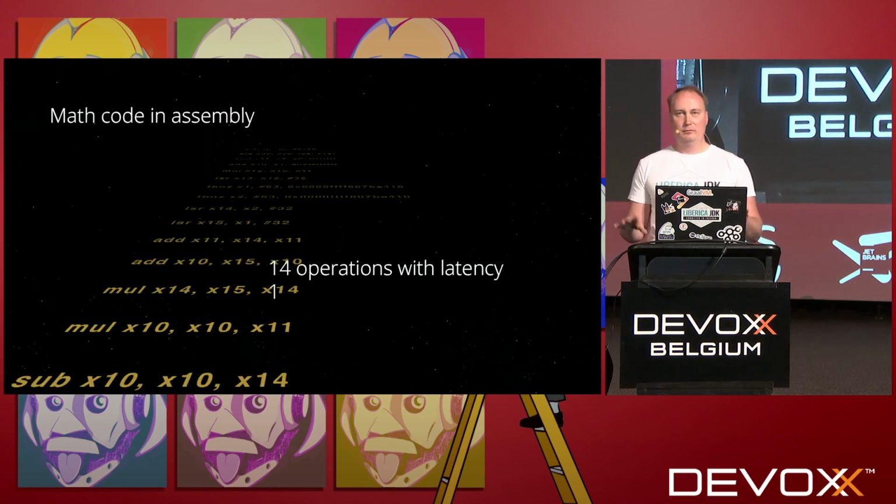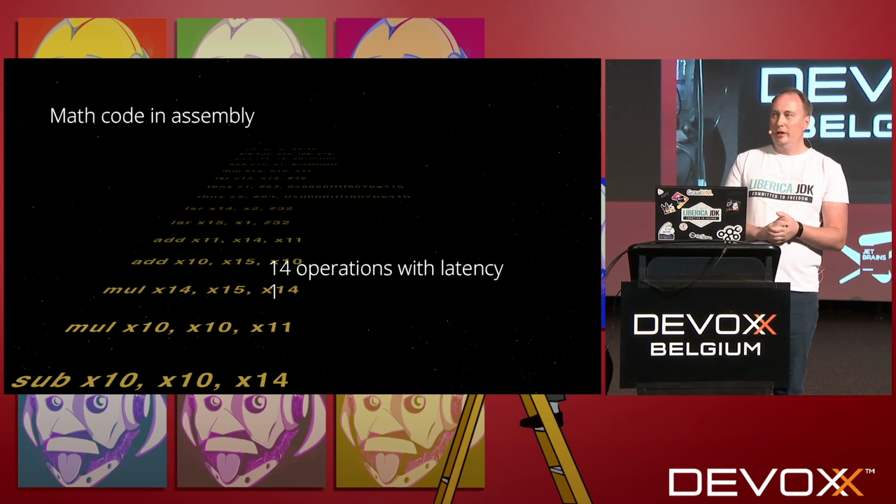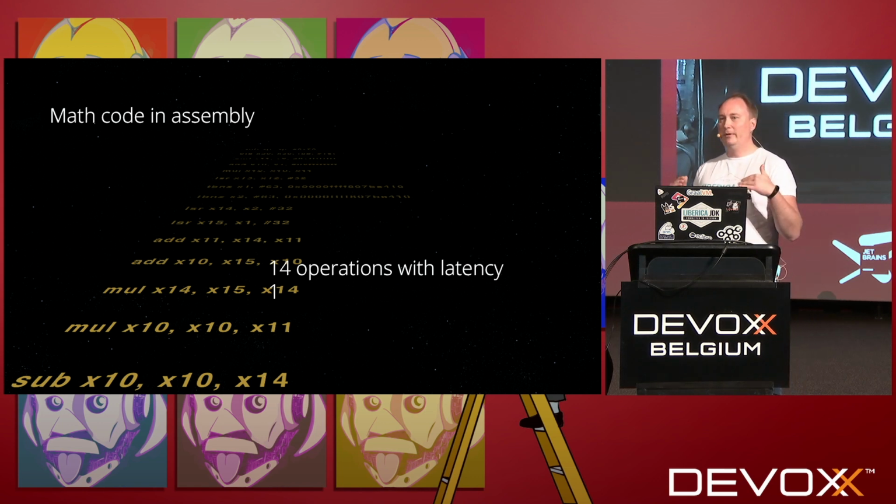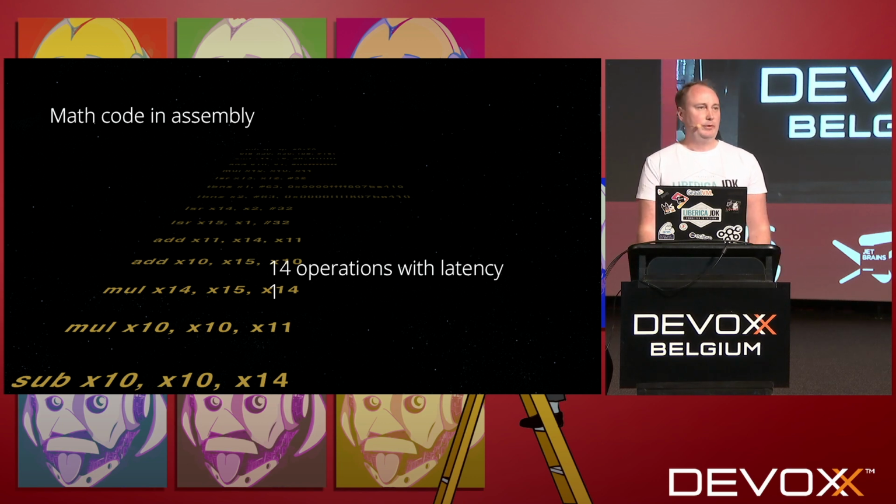It generates quite optimal code. It's only 14 operations, each with latency 1, and some of them are pipelined. So the actual cost of this operation in JIT compiled code is less than 14 clocks, except for some possible memory loads, but anyway, if the data is there, it's all cheap.